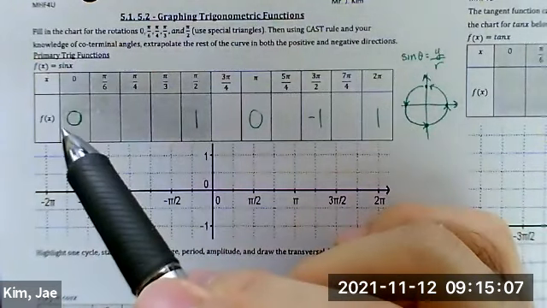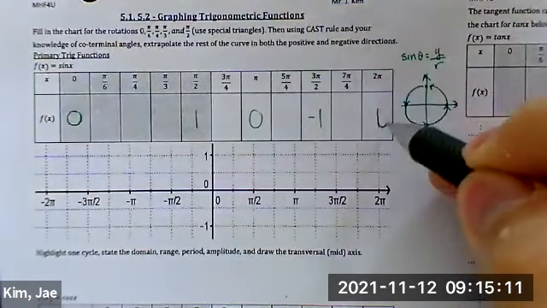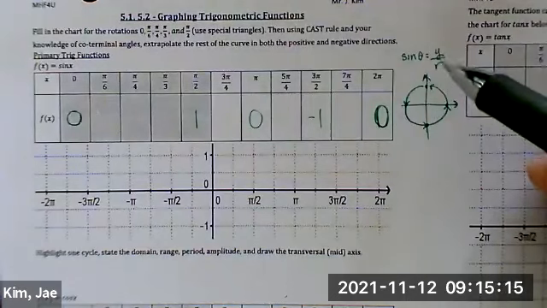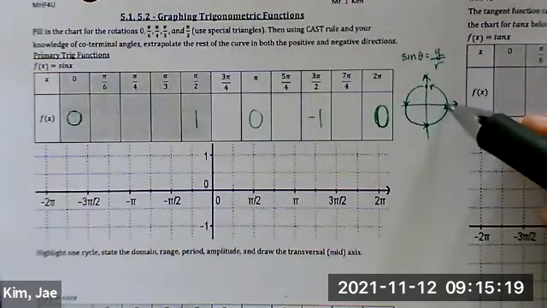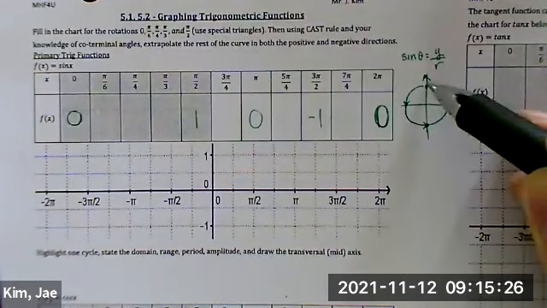The reason why you know there's a 0, 1, 0, -1, and then back to 0, is because the sine ratio is y over r. When I am here, what is my y value? 0. So that's 0 over r. When I'm here, my y value is 1, and my radius is 1.